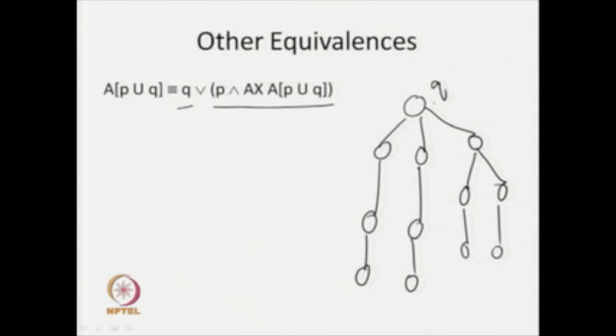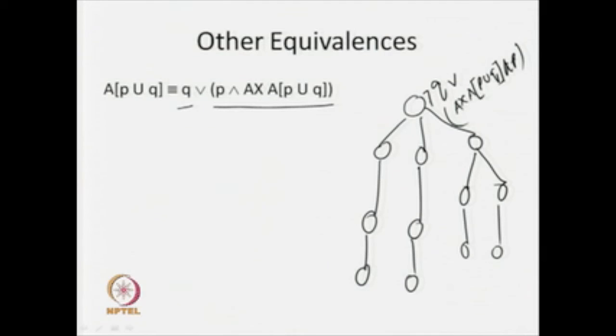If Q is not true at that particular point, that is, not Q, then we look for the second component, A X A P until Q, along with P. So, what does it mean? If Q is true right there, then A P until Q is true.